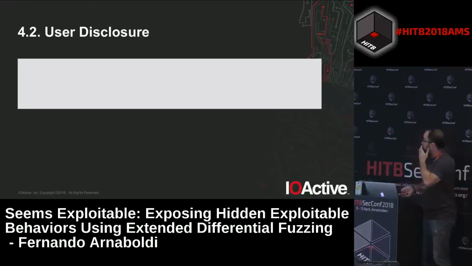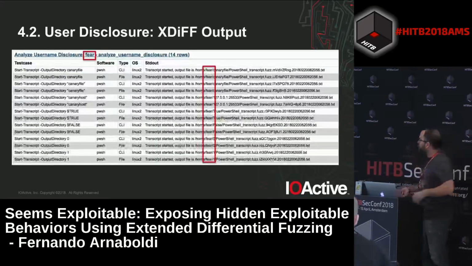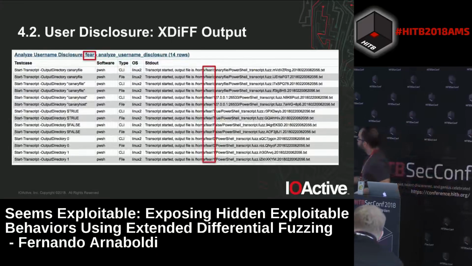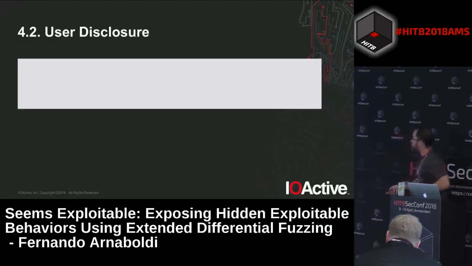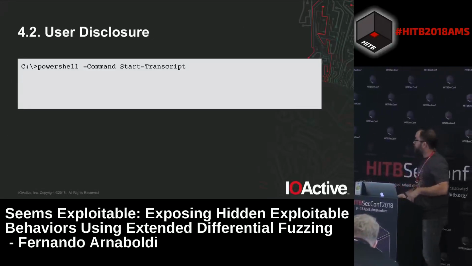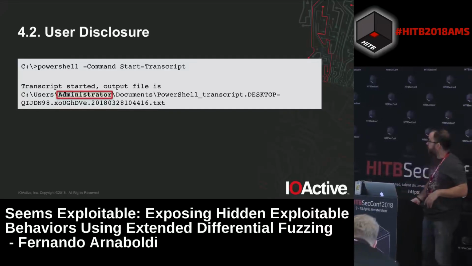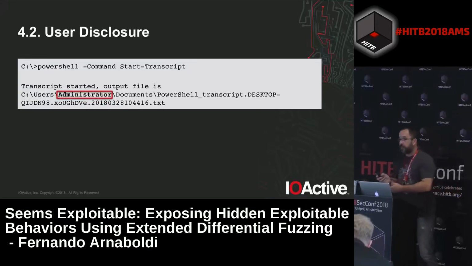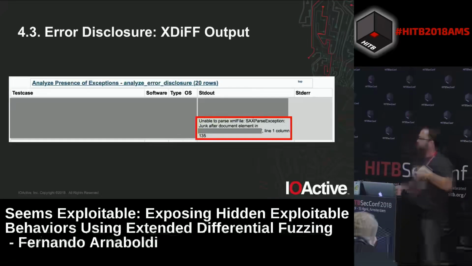When you translate that horrible list, in here you have like 14 rows doing the same thing, which in fact could be translated to this. When you execute start transcript, it is going to show the username that is executing the PowerShell. So you can get the path, you can get the user, you also can get errors.